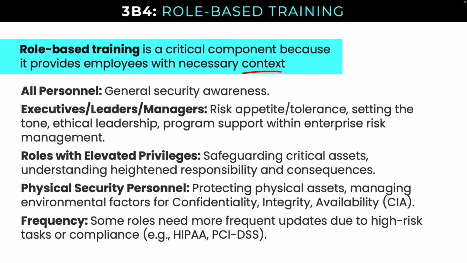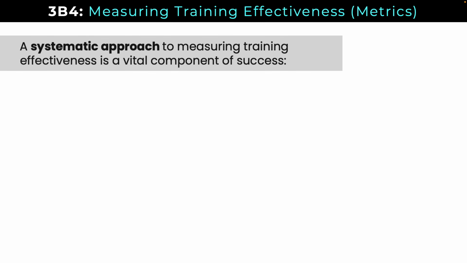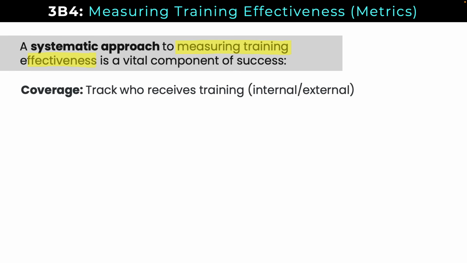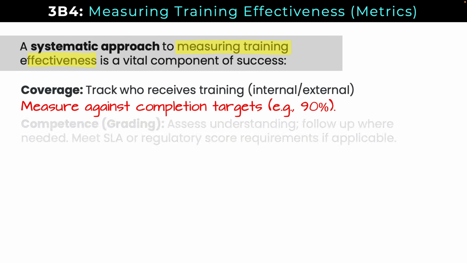And our training program isn't complete without a systematic approach to measuring training effectiveness. So we want to make sure we track who receives training, and there needs to be a metric for that. Ideally, 100% of our employees get that general security awareness training and the essential role-based security training.